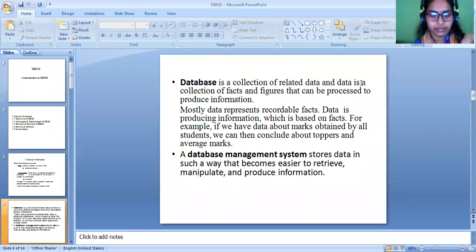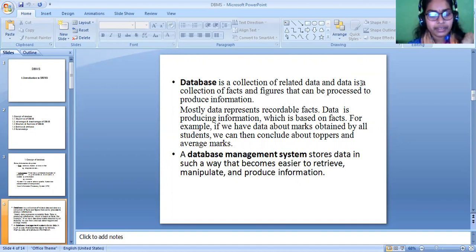Data mostly represents recordable facts. Data produces information which is based on facts. For example, if we have data about marks obtained by students, we can then conclude about toppers and average marks.